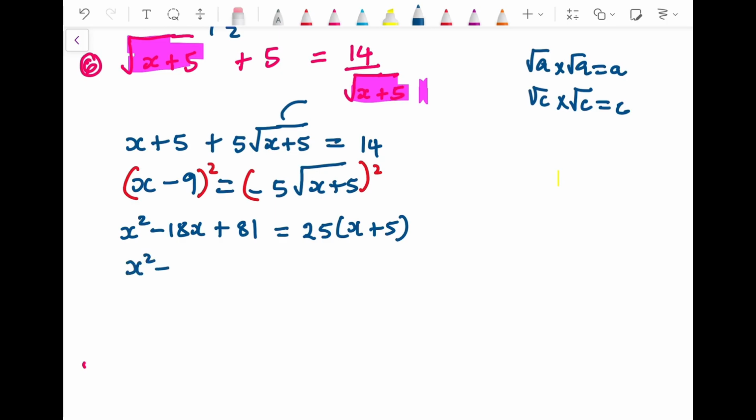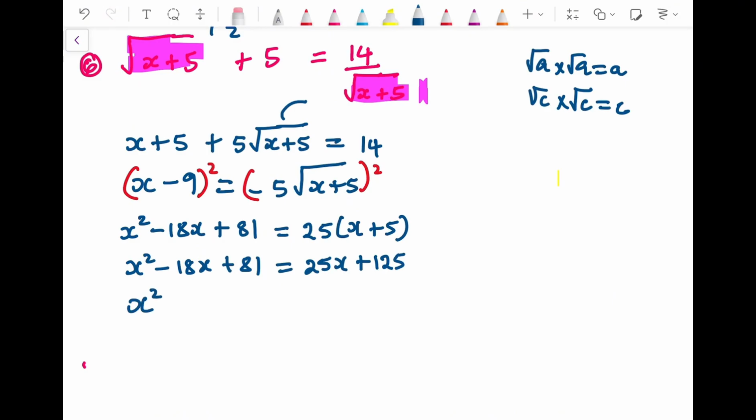We have x squared minus 18x plus 81 is equal to 25x plus 125. And then transpose everything, take everything to my left so that the equation is written in standard form.